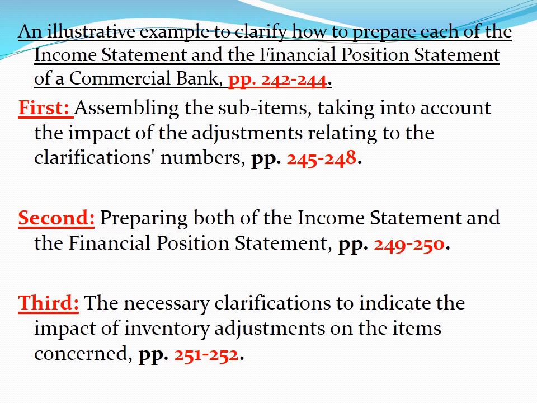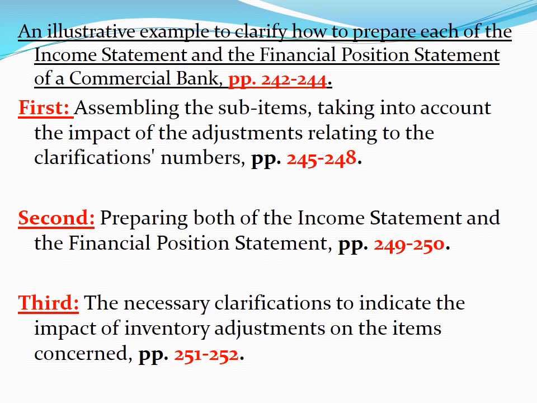Normally, what affects the income statement is what relates to expenses and revenues for the period. But what affects the balance sheet or the financial position statement is assets with its two kinds, liabilities and equity with each item's types in general.